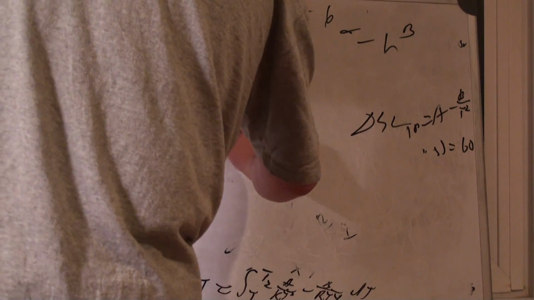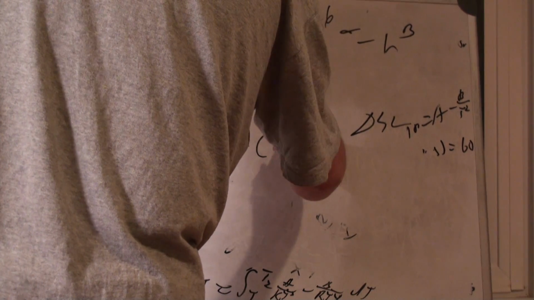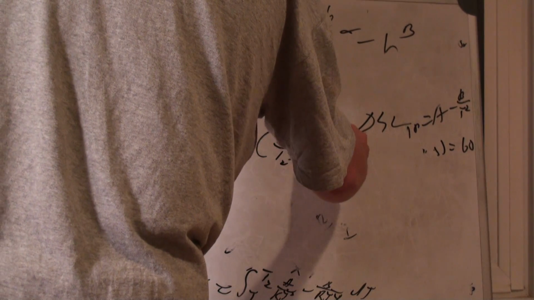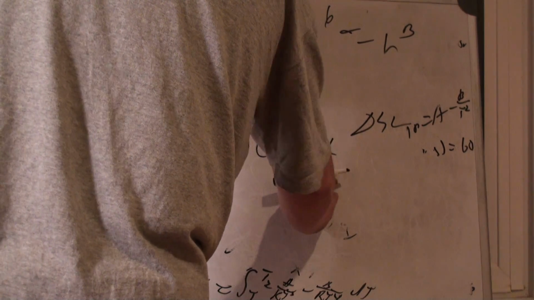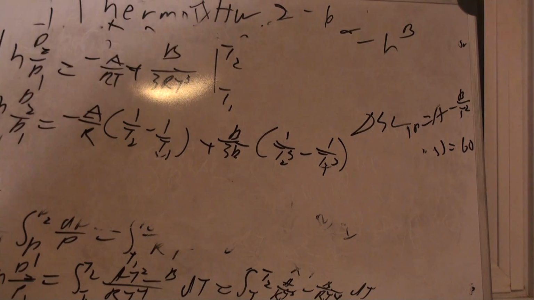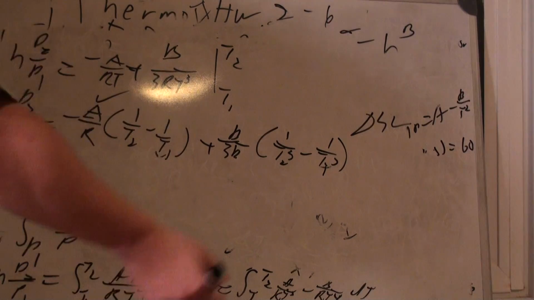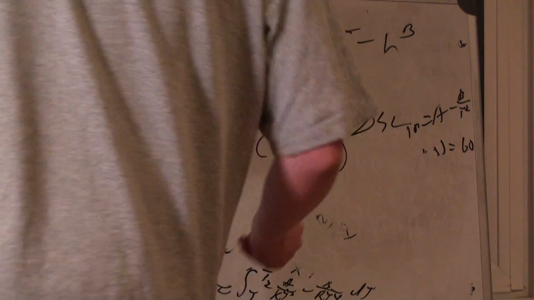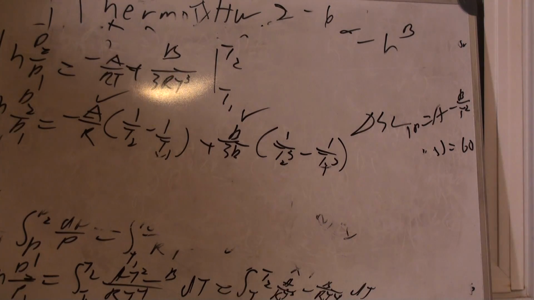We've got plus B over 3R, 1 over T2 cubed minus 1 over T1 cubed. Okay, and we have T1, we have T2. What don't we have? We don't have A and we don't have B. But I know everything else and I have two equations, two unknowns. I just needed to use algebra at this point.